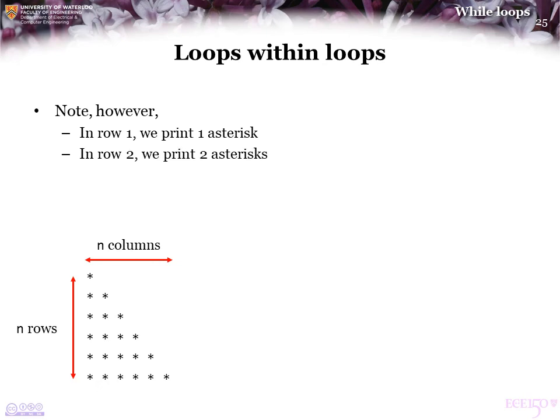In row 2 we print 2 asterisks. In row 3 we print 3 of them, and so on and so forth. So could we not change the ending condition of the inner for loop as we go through?